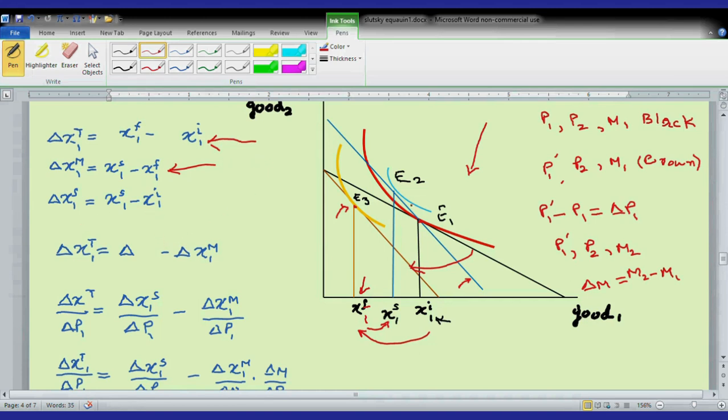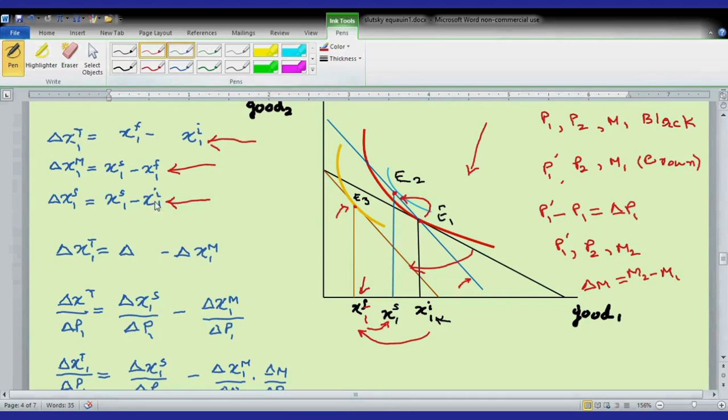Then, once we have isolated the outcome after compensation, we can understand that the substitution effect is from E1 to E2, and this third equation gives us the substitution effect.